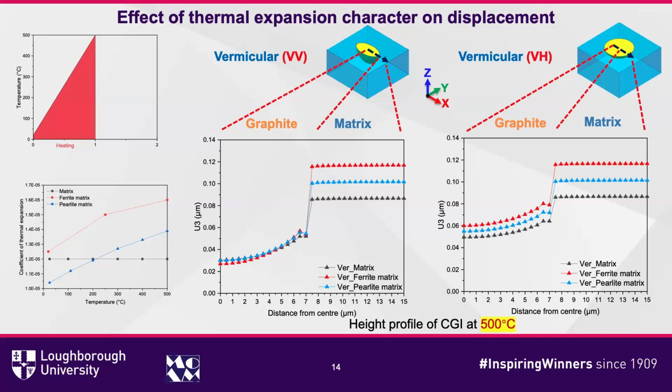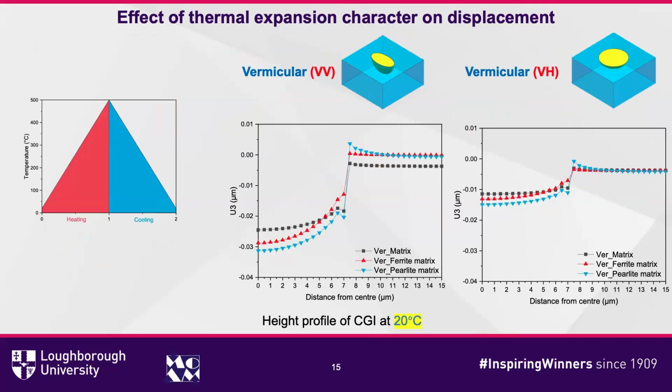This is at 500 Celsius. And after the temperature cools down, all of my unit cells show a shrinkage phenomenon. Also, the larger volume of matrix gives the higher U3 displacement in that axis direction.